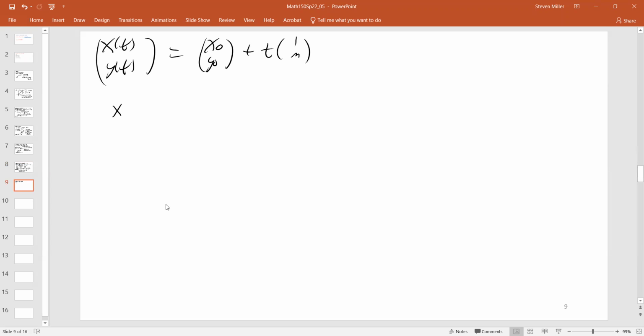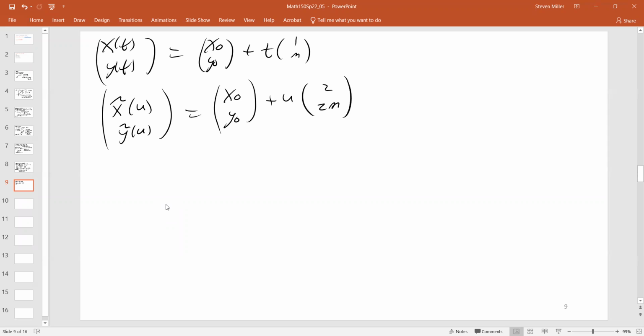And let's consider something new. x tilde of u, y tilde of u is x naught, y naught, so they have the same base point, plus u times 2, m. Do these give me the same line in space? Or do they give me different lines in space?